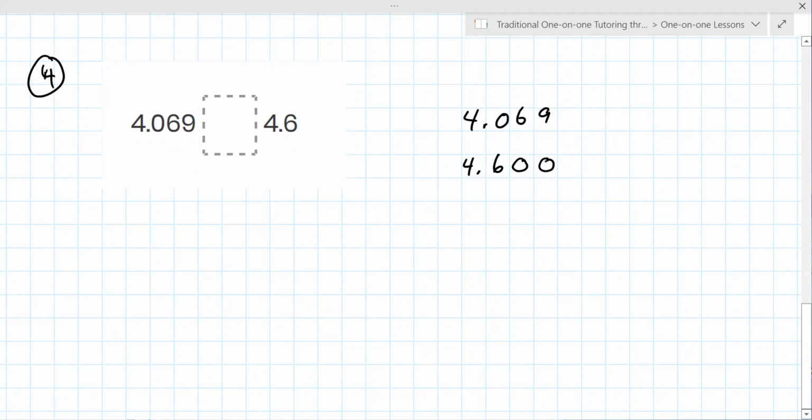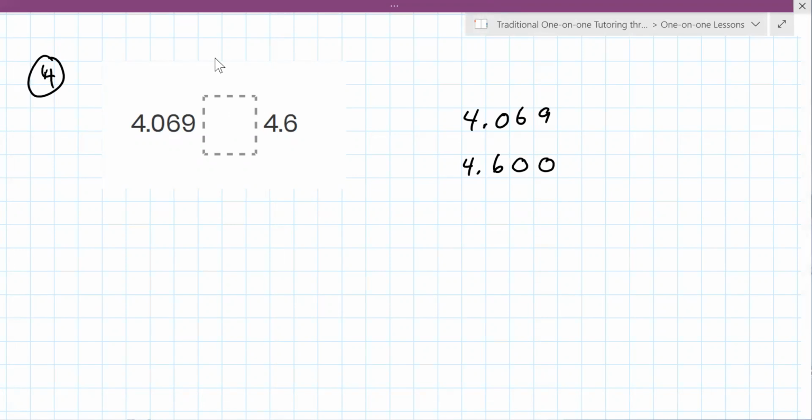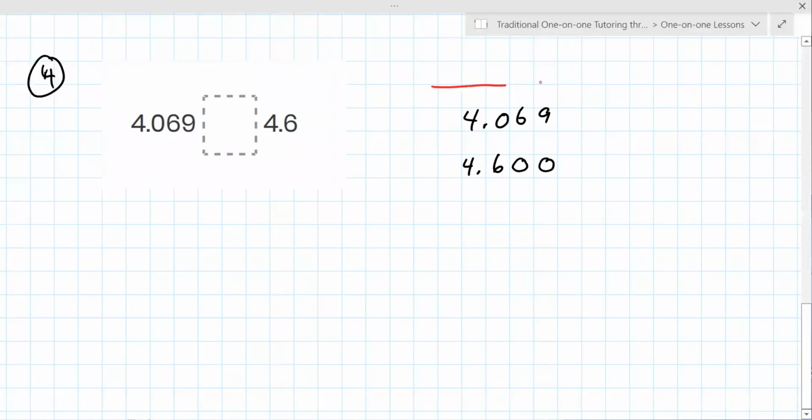So when you add zeros to the right, now you're looking for what's the same. And you start from left to right here. So are the fours the same? Yes. So now you compare these two, which is greater, the 6 or the 0? 6. Yes.